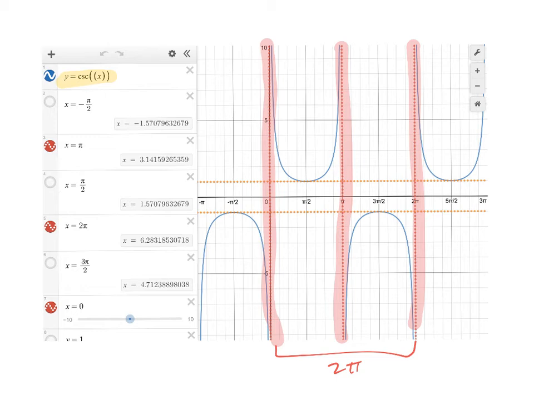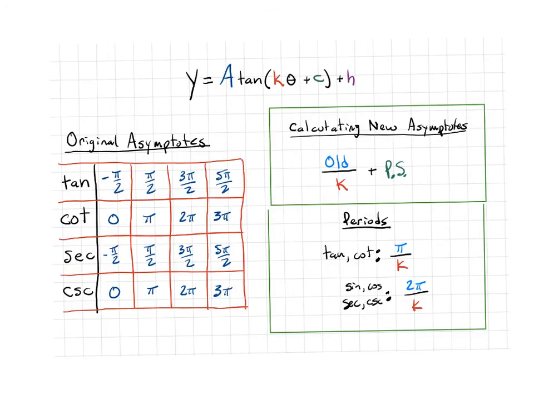If you were in class, then we made this little chart that helped us graph all of these functions. And so I just want to point this out to you here. You can add this to your notes if you want to pause the video. But we have this sort of standard form for all of these trig function equations, regardless of which function it is, sine, cosine, tangent, cotangent, cosecant, or secant.